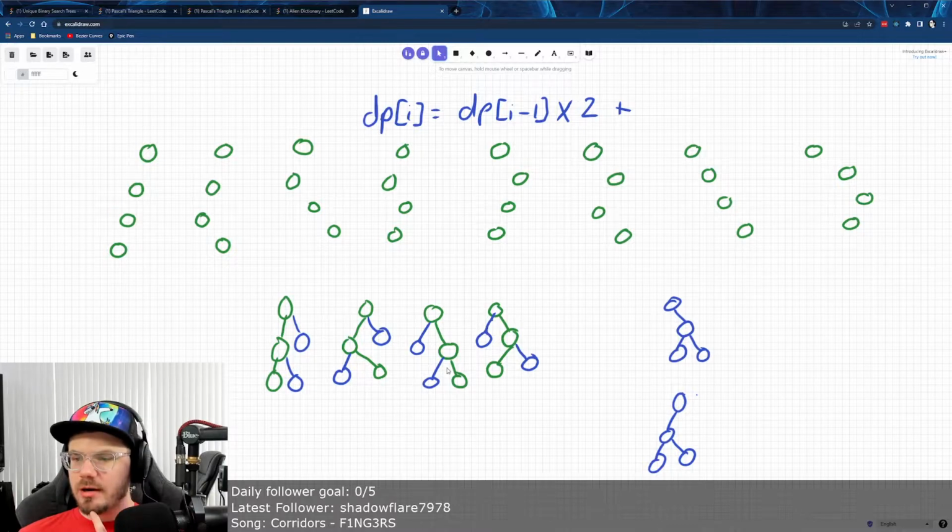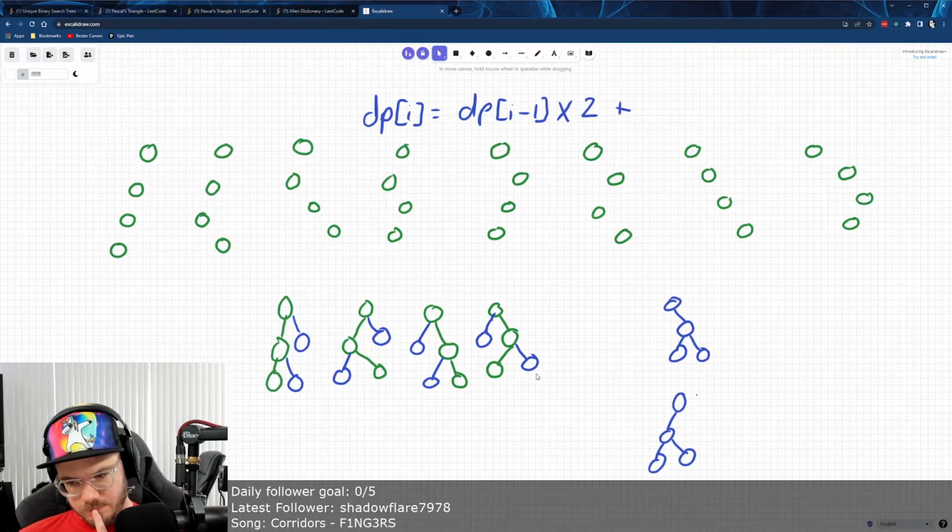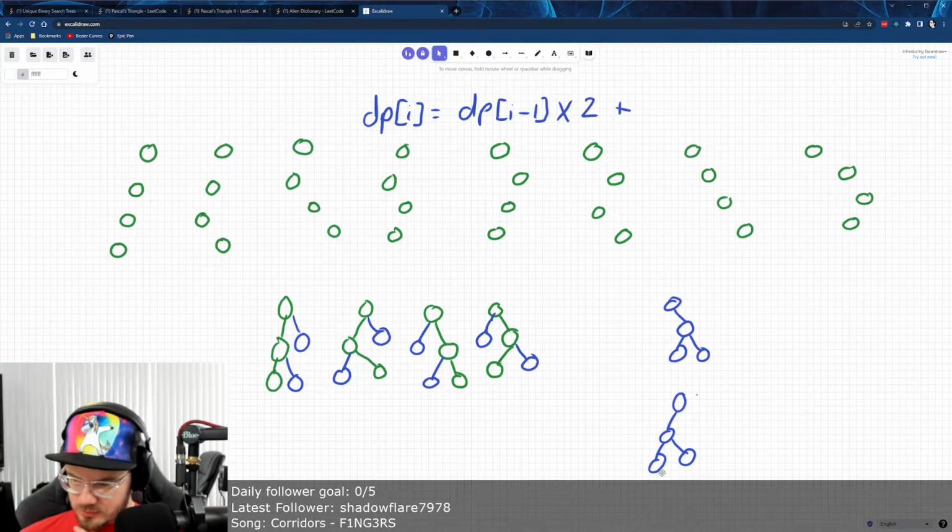It's the case where, oh wait, I might be onto something here. The only dupes are where you make the new node a left or a right child of a non-root node. There's definitely some pattern going on here.